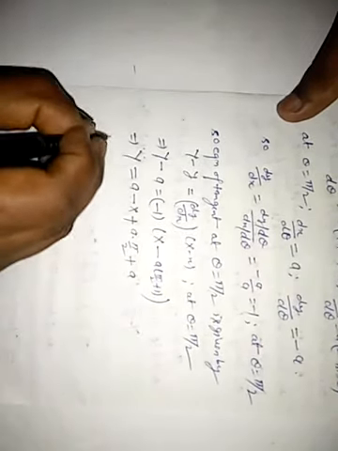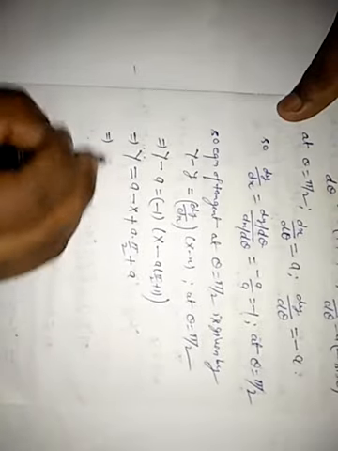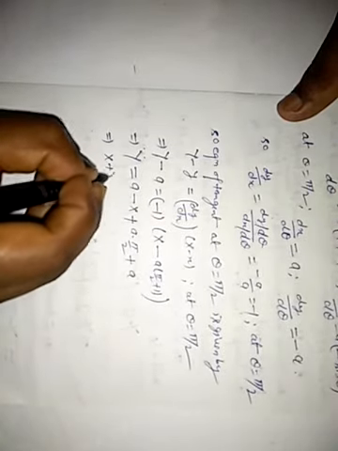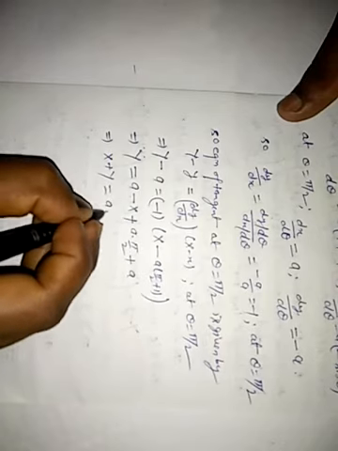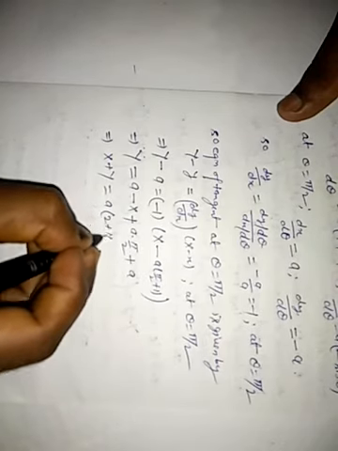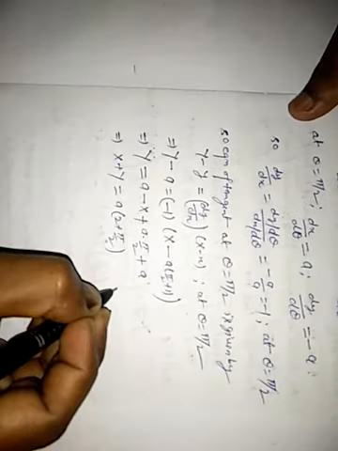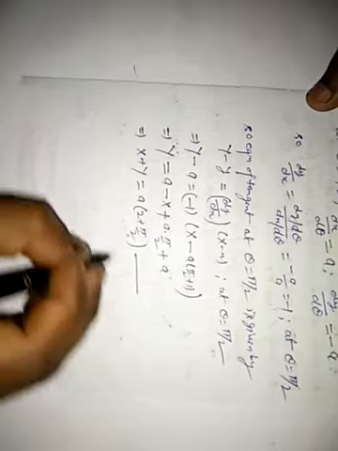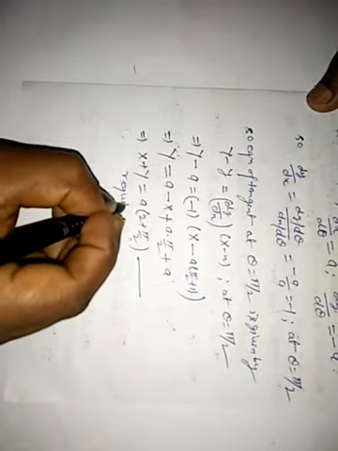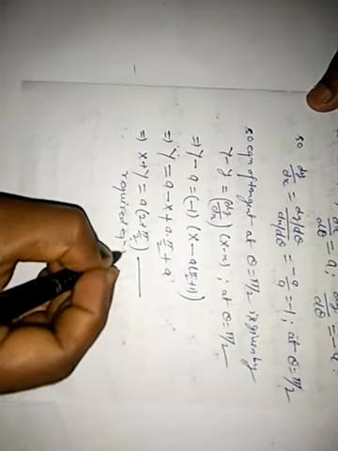It becomes x plus y is equal to a times 1 plus pi by 2. This is the required equation of tangent.